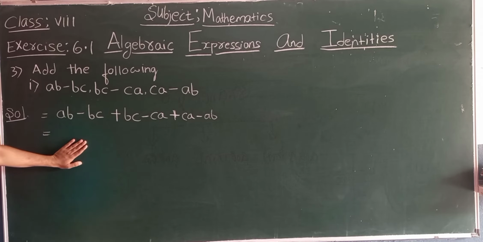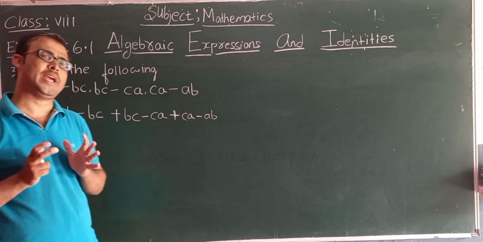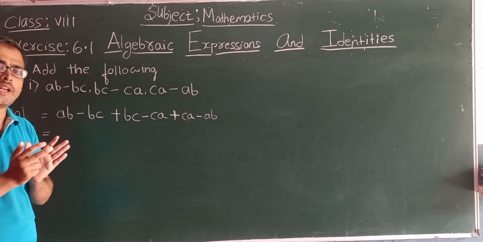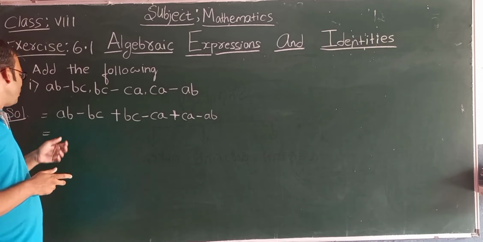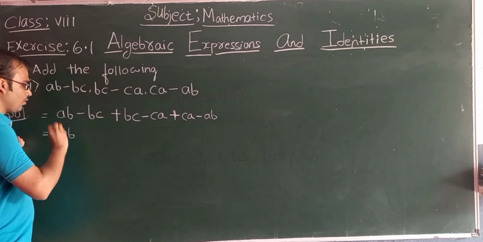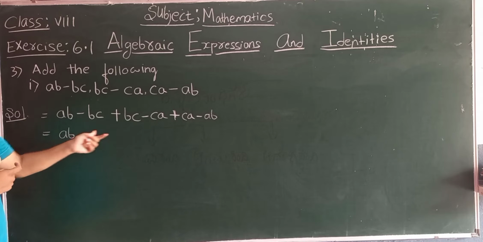Now what is the next step, students? Here we need to make like terms. We need to group like terms, that is, put like terms on one side. Now look at this. First we will write AB. With respect to AB, which are the like terms?